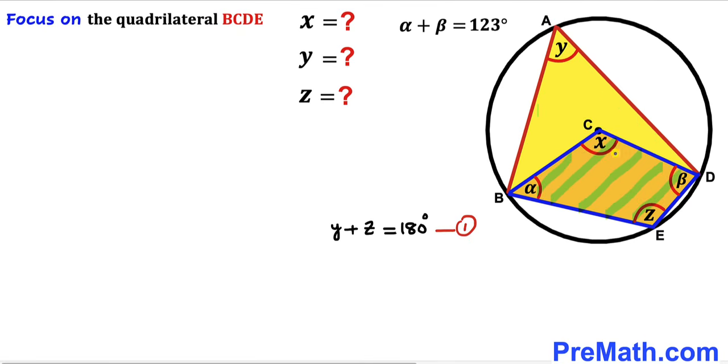Now we are going to focus on another quadrilateral, BCDE as well. We know that the sum of all the interior angles in this quadrilateral is equal to 360 degrees. In other words, the sum of angles X plus Z plus alpha plus beta is equal to 360 degrees.